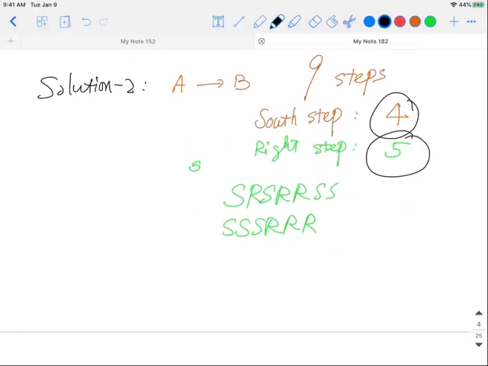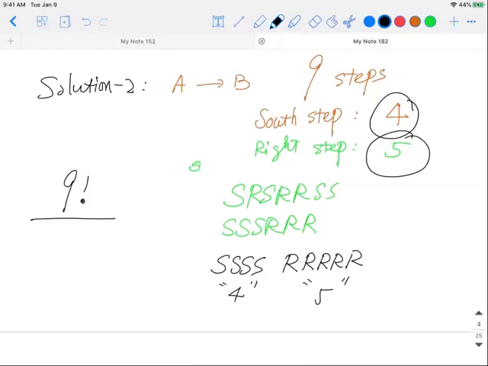I'm going to have S, S, S, S, 4 Ss. I'm going to have R, R, R, R, R, 5 Rs, right? If I close my eyes and let them do a full permutation, that's going to be what? 9 factorial, right? So SRRS, SRS, whatever, I don't really care.